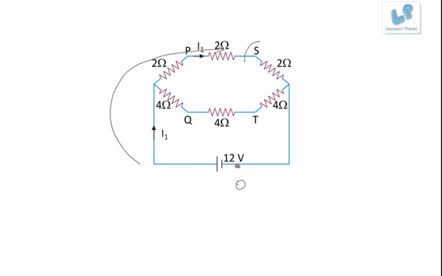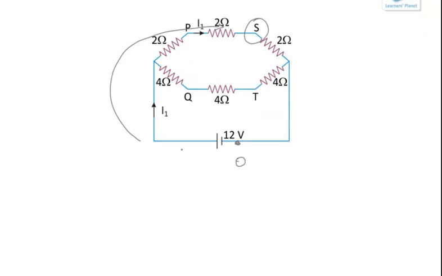Then the potential of point S will be: when we move across this, there is a gain of 12 volts, then across this there is a drop of how much? 2 into 2 is 4, and then again 2 into 2 is 4 (IR), so we will get 4 volts. So the absolute potential of point S is 4 volt.